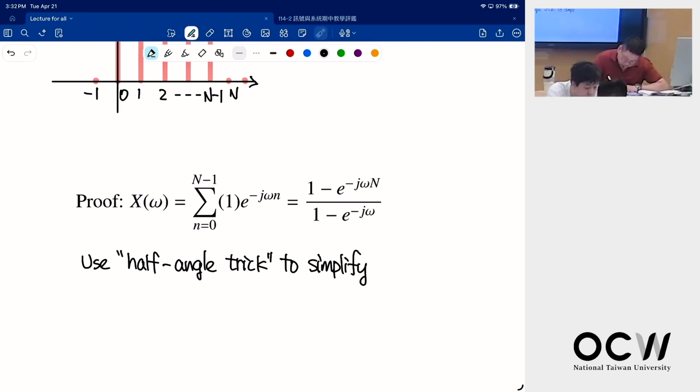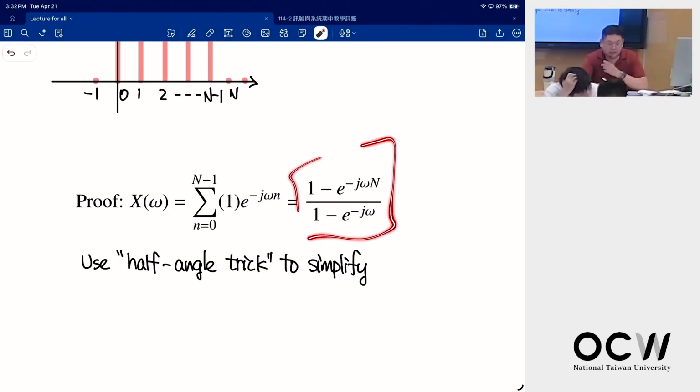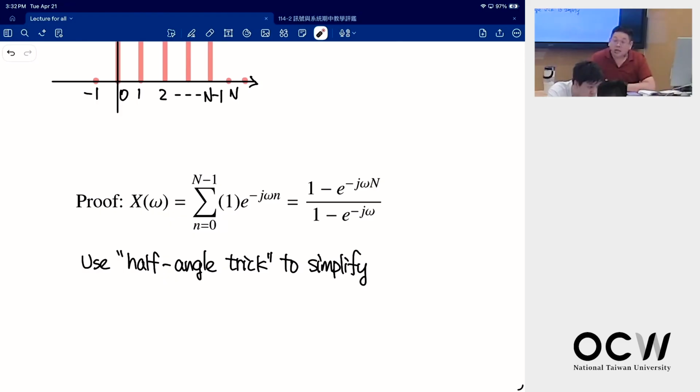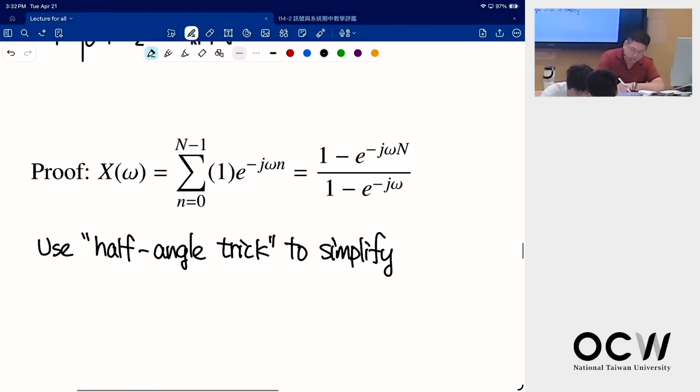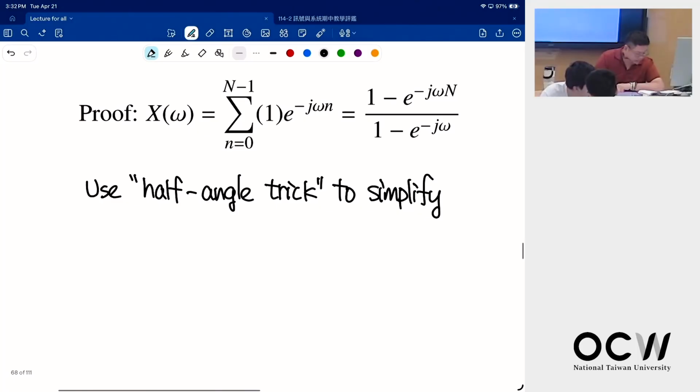Because even if you just get this result, you still have no idea about how the frequency looks like. So what is the half angle trick?